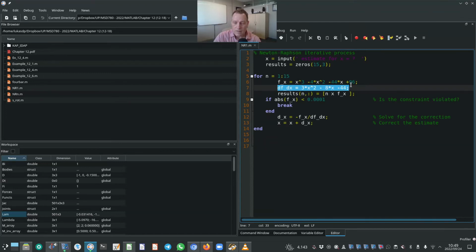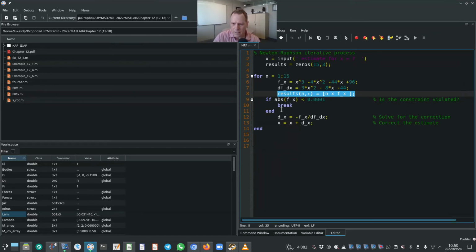We enter the derivative of f as a function of x relative to x. Then we report the iteration and the convergence process. We enter the step number, the value for x, as well as the derivative of f relative to x.